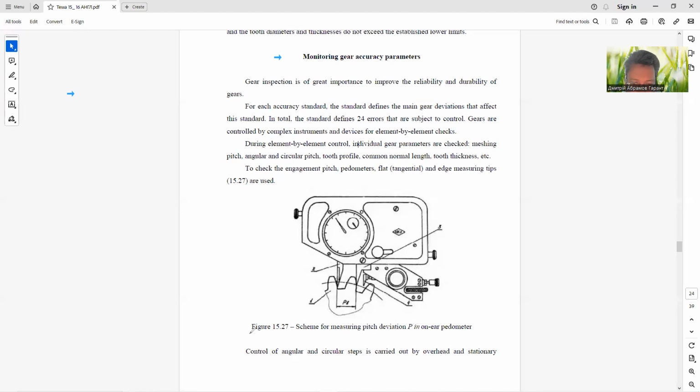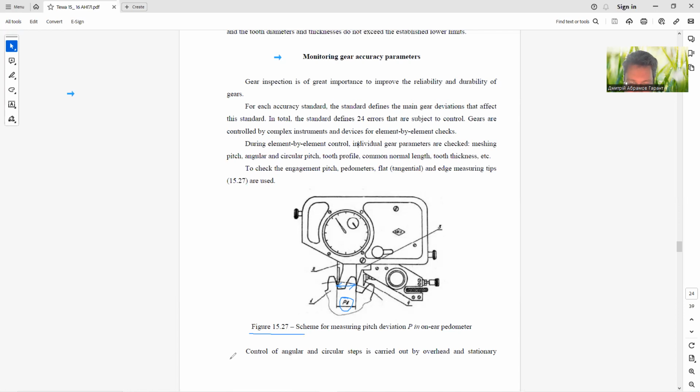On figure 15.26, you can see the scheme for measuring pitch deviation with a pitch gauge. This distance is the pitch of the gear.